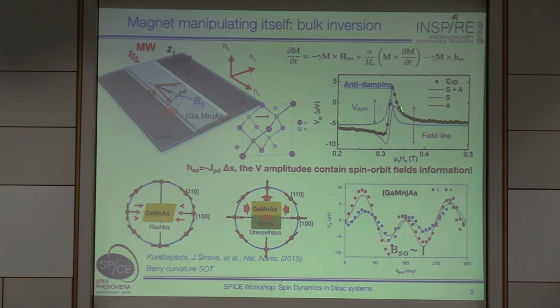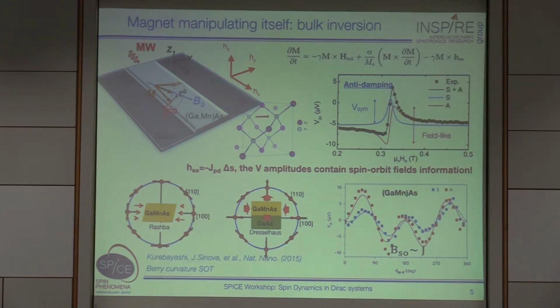One is symmetric, and this corresponds to anti-damping-like torque. One is antisymmetric, and this corresponds to field-like torque. And you also get different types of symmetries depending on the strain which you induce. This is not surprising. This is like with the usual semiconductors, where you can get either Rashba or Dresselhaus type of symmetry.